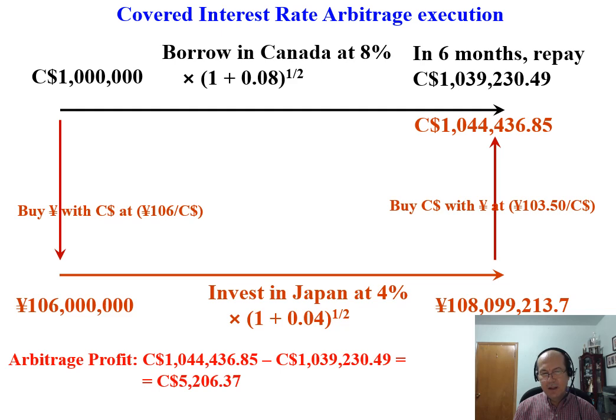As a result, by the increased investment in Japan, the interest rate in Japan will be expected to go down. So because of the arbitrage trading, this exchange rate and these interest rates will be moving into equilibrium. As a result, the arbitrage opportunity will disappear.